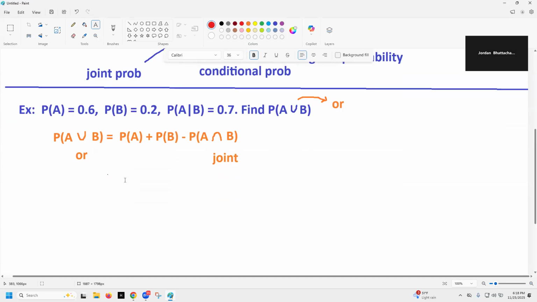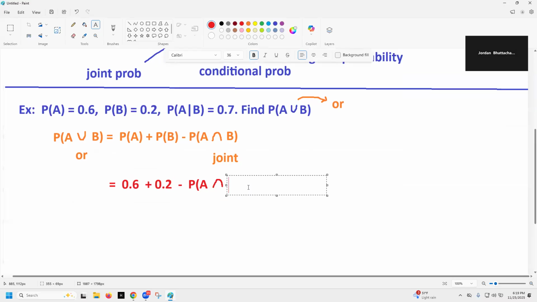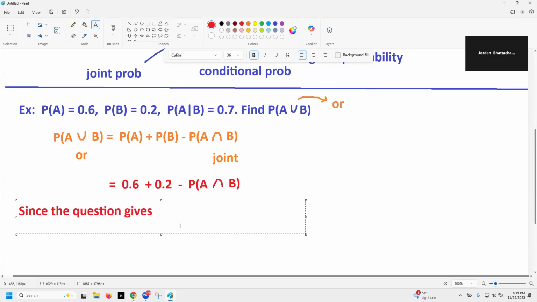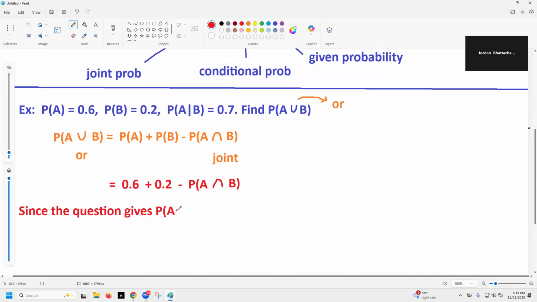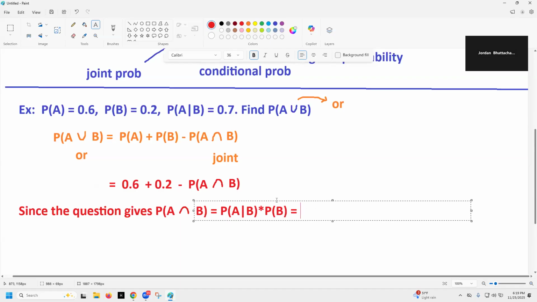So you're going to get the P of A was 0.6 plus 0.2, and then we subtract the P of A and B. And for that reason, we don't really have the probability of A and B. We can utilize the conditional probability because the question gives the conditional probability of A and B equal to the P of A given B times the P of B. So we just simply multiply those two.